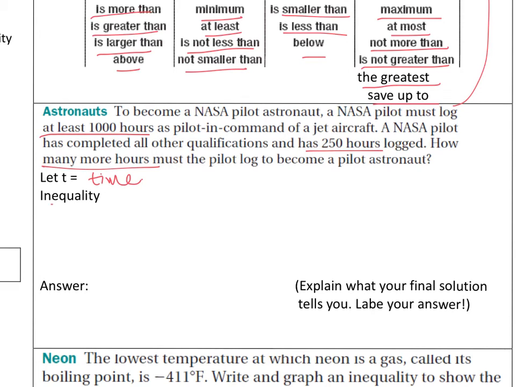Now we need to set up the inequality. You know that the pilot has already flown 250 hours. Then we need to find out how many more. And it needs to fly at least 1,000 hours. So I have to use the greater than or equal symbol.